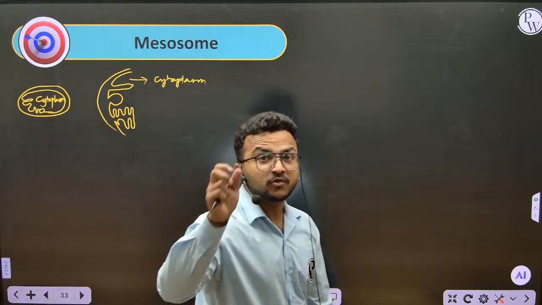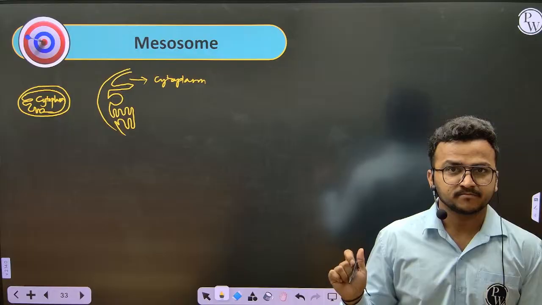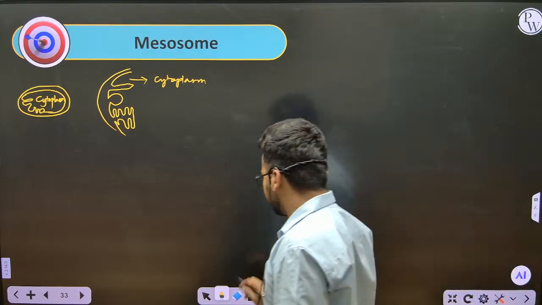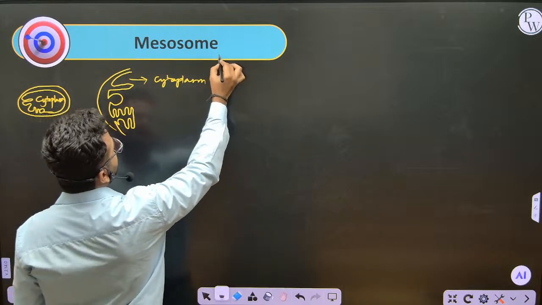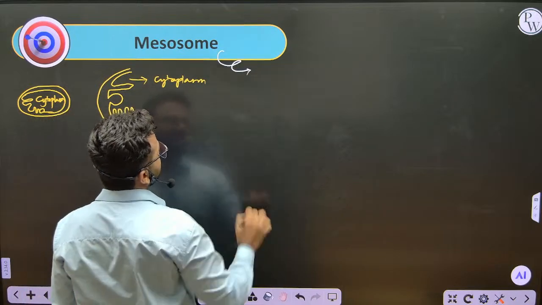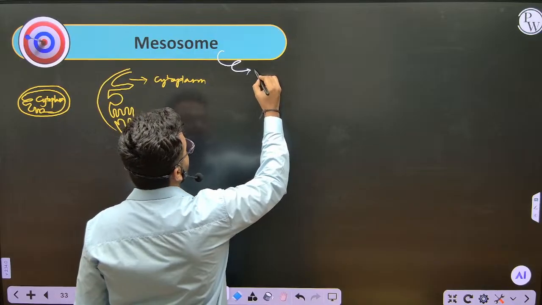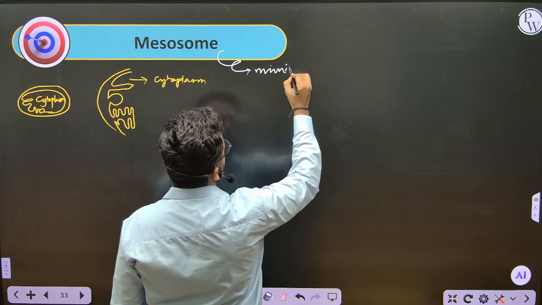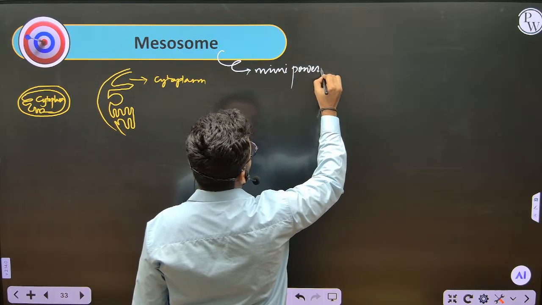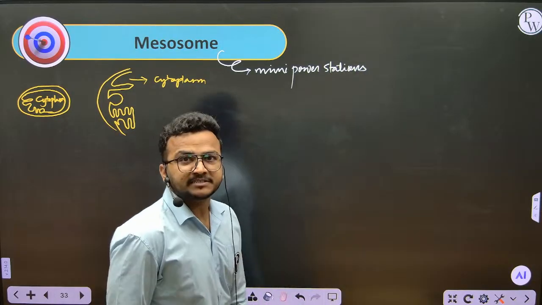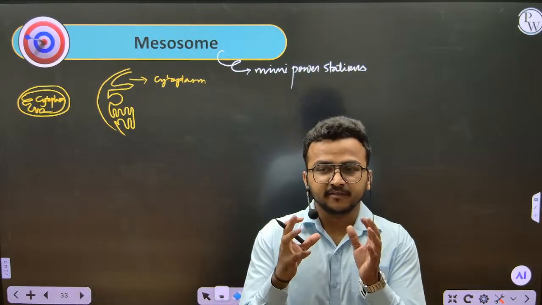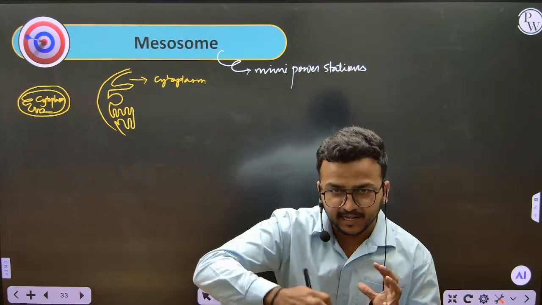So these mesosomes have many functions. Five functions we discussed yesterday. These mesosomes we can also refer to as mini power stations, in the sense that they work like a place where energy can be produced.